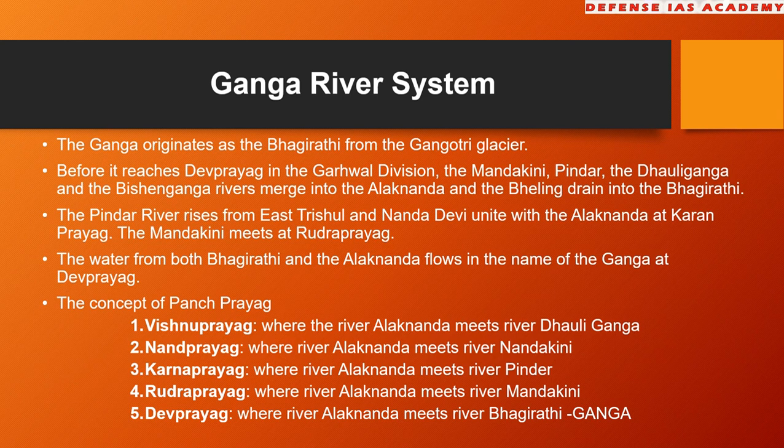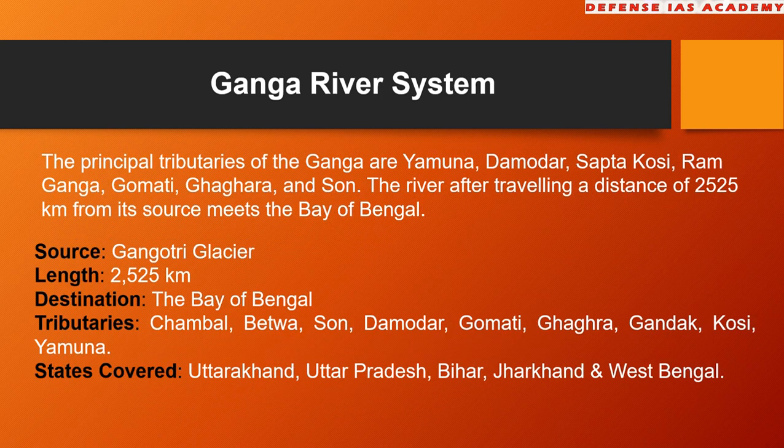Then Karna Prayag, where the river Alaknanda meets the river Pindar. Then the Rudra Prayag, where the river Alaknanda meets river Mandagini, and Dev Prayag, where river Alaknanda meets the Bhagirathi, that is Ganga. So these are the Panch Prayag related to the Ganga river system.